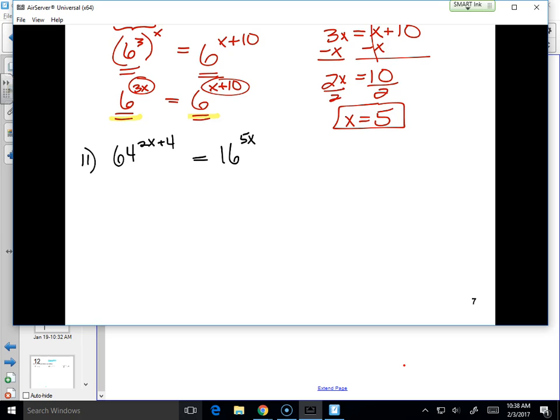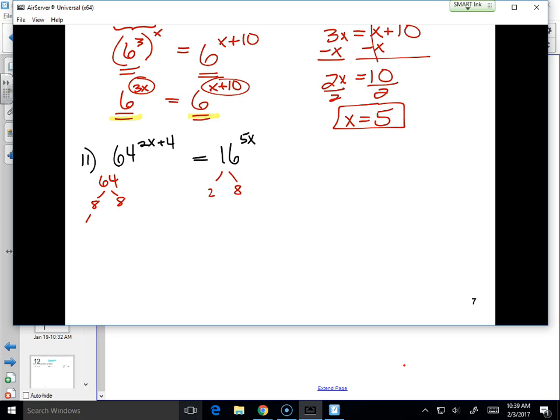Question. Do you guys think we should break down 64 or 16? Both? Sure. Let's start with 64 because he's the bigger one, right? So 64, we break him down. We can say that he's 8 squared, so 8 times 8. Can we break 16 down to be 8 times something? There's like an extra 2.